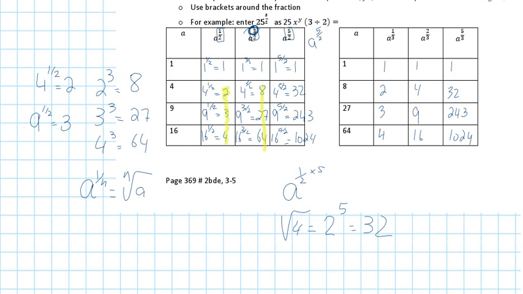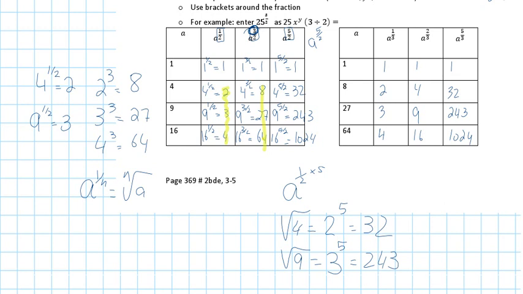Now, I'm going to take 9. I'm going to square root 9. What do I get when I square root 9? 3. Raise it to the power of 5. What are you getting? 243. Right? So the denominator is causing the root, and the numerator is causing the power.